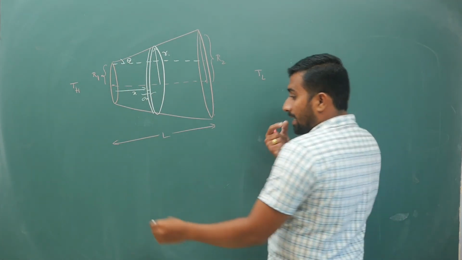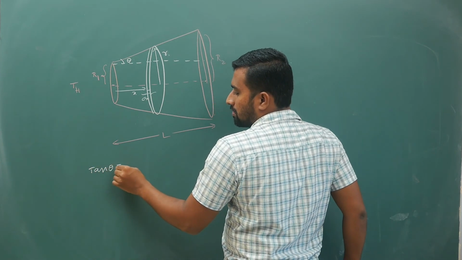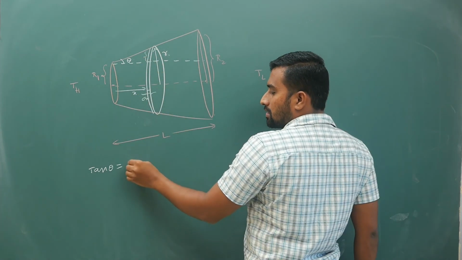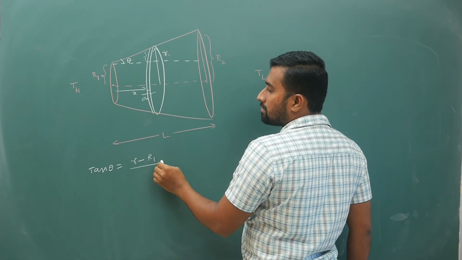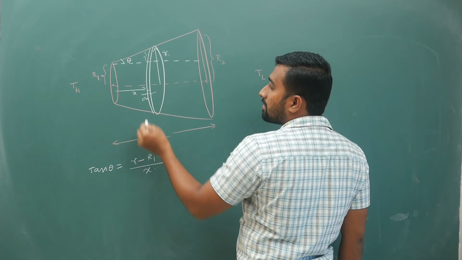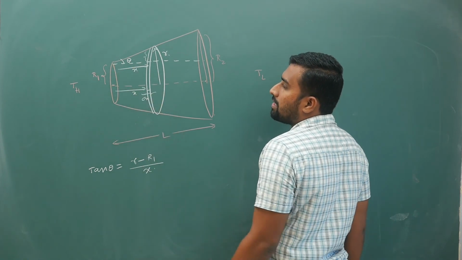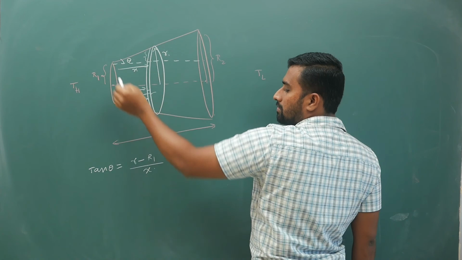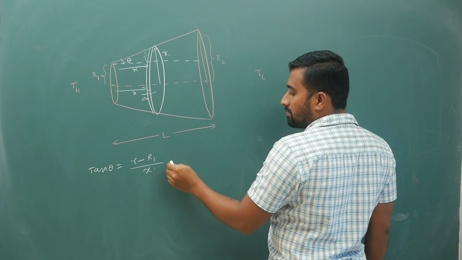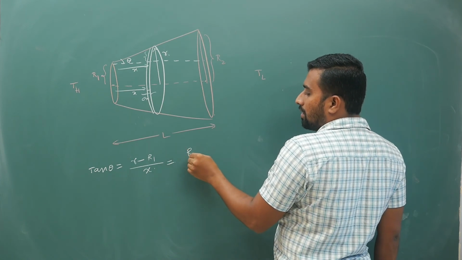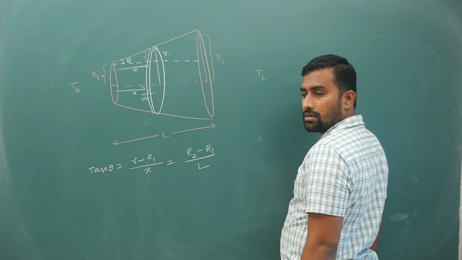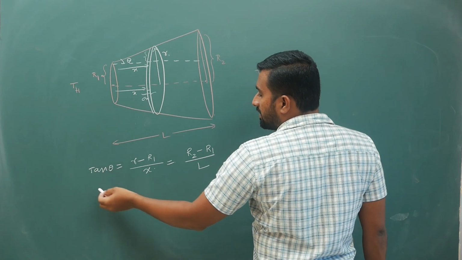Now your tan theta value, for this smaller triangle, this small length is small r minus capital R1, whole divided by x, for this smaller triangle. I am considering this triangle part. Tan theta is opposite by adjacent. For the bigger triangle also I will apply opposite by adjacent, so that will give you R2 minus R1 whole divided by length L. Now why did we do this, I will tell you.